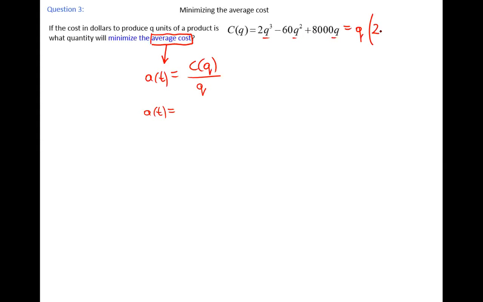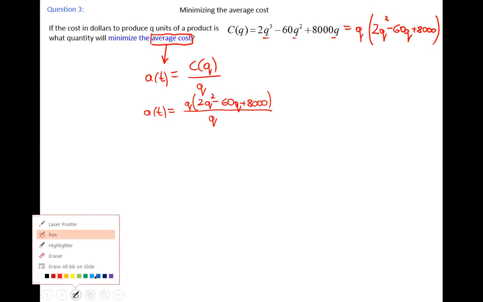I will write this way: q times (2q squared minus 60q plus 8,000), and divide by q, because I'm following the average cost function.